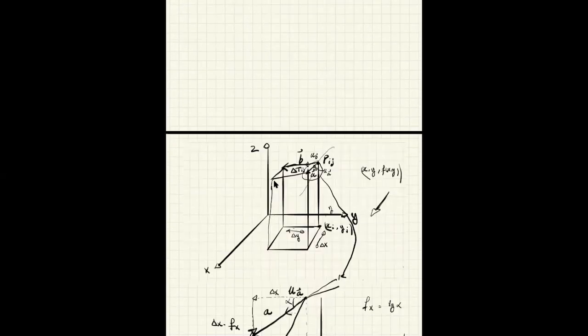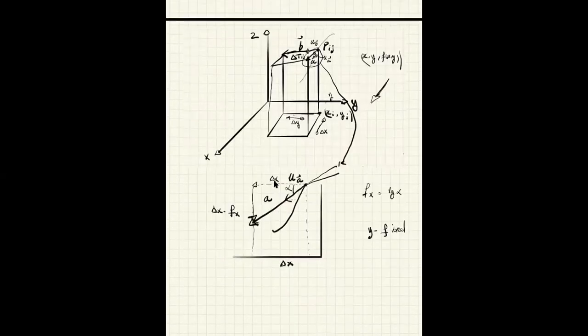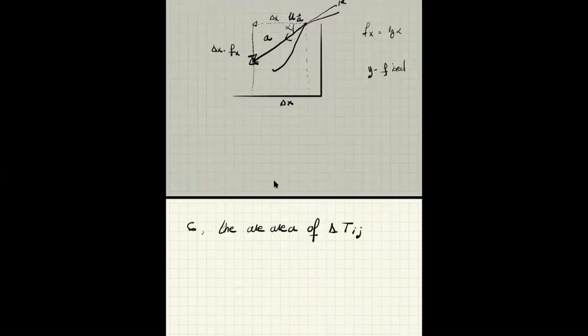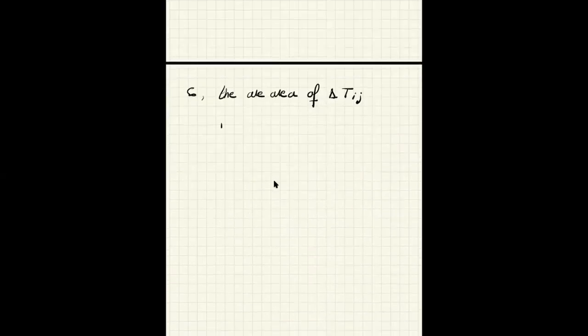Now, what is the area of a rectangle oriented by a and b? That's the cross product a times b. Again, I'm not going to recall the definitions. You must know this. It is given by the norm of this vector here.